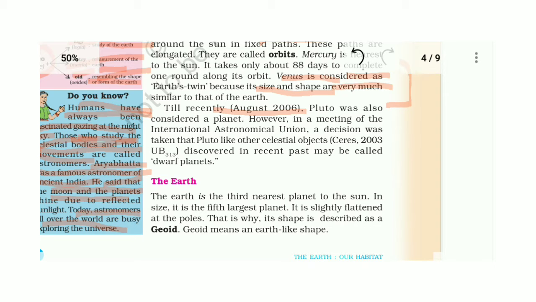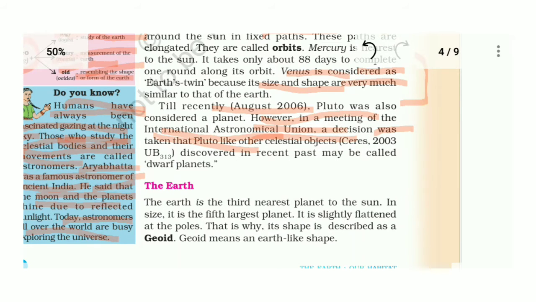However, in a meeting of the International Astronomical Union, a decision was taken that Pluto, like other celestial bodies such as UB313 discovered in 2003, will be called dwarf planets.